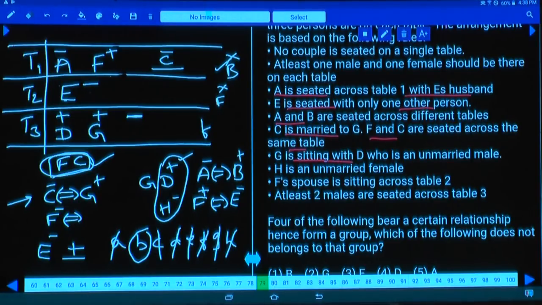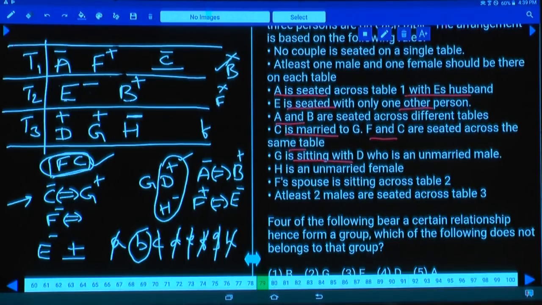If G and D are here, then among the females, who is the person left over? H. The unmarried female H will be here. If H is here, then the person left over is B, and B is a male. Done with this? Now, on the first table, A, F and C: A is a female, F is a male, C is a female.